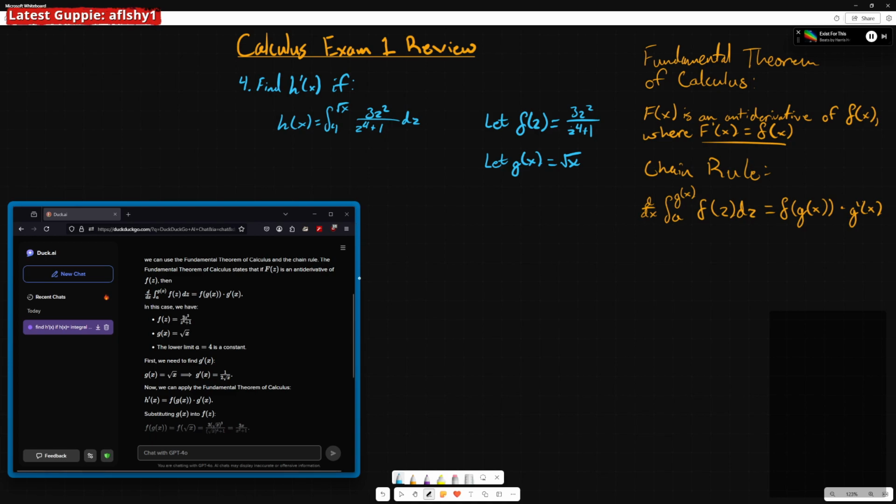And the lower limit a is a constant, so I'll say a is equal to 4. g prime of x is equal to 1 over 2 square root of x.